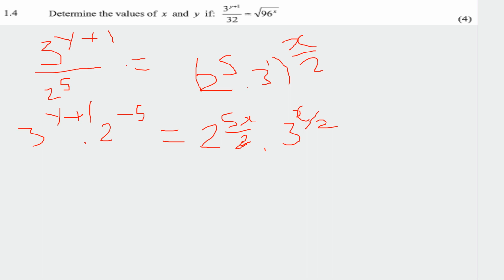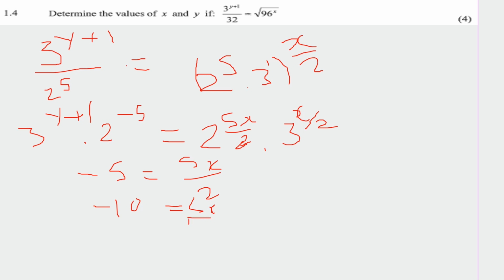So we're going to say negative 5 is equal to, we make the exponent of 2 equal to the exponent of 2, 5x all over 2. When you cross multiply, you will have negative 10 is equal to 5x.